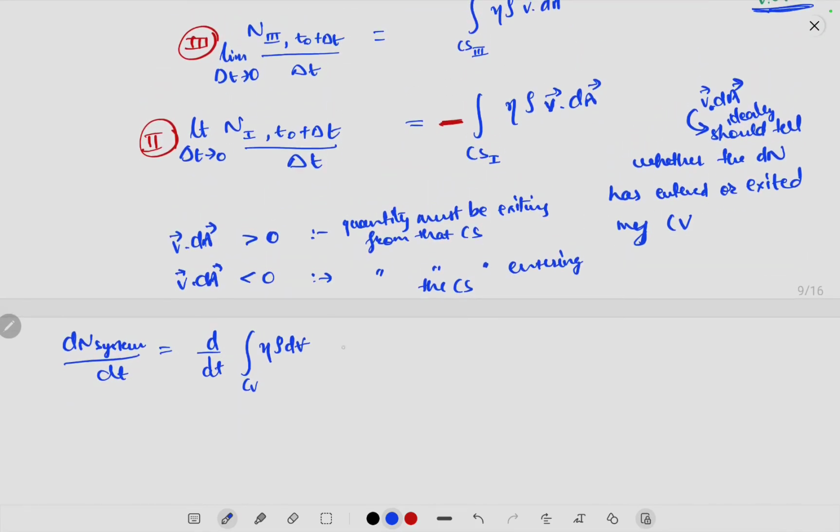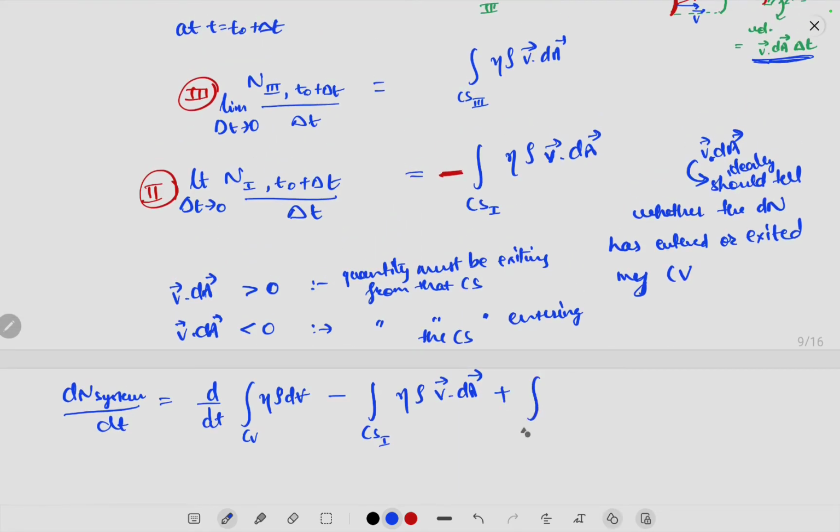So just put it. So this will be minus integral over CS1 of eta rho V dot dA plus integral over CS3 of eta rho V dot dA.